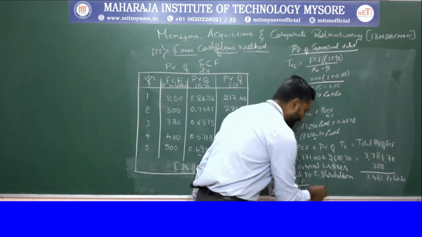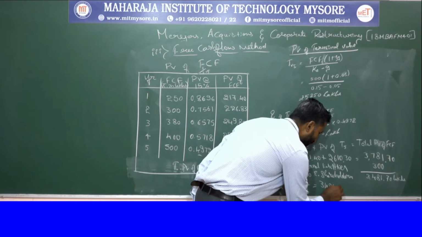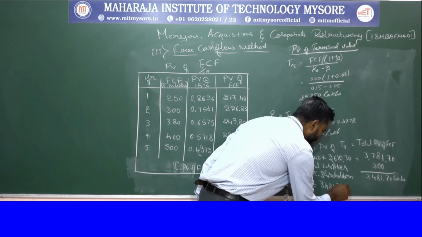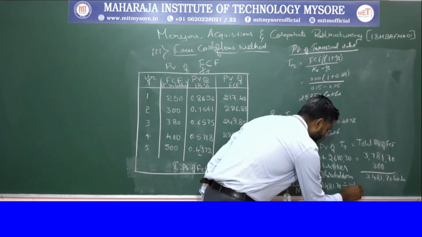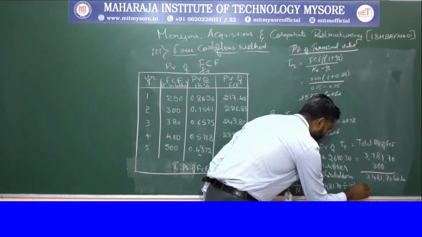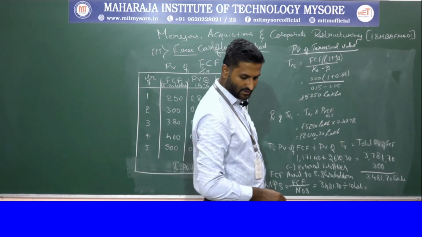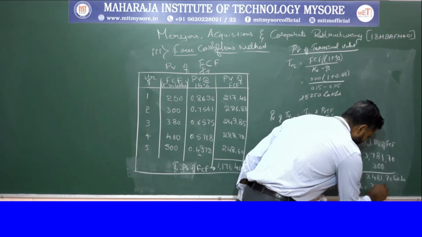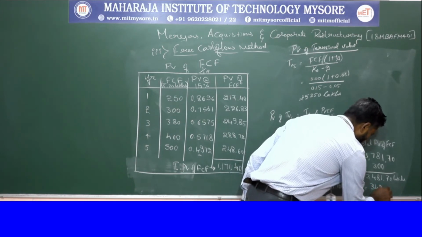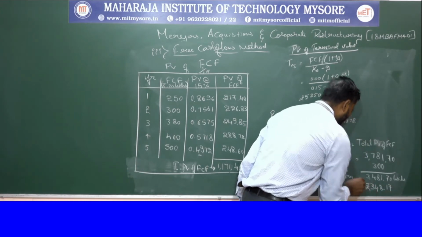So the total FCF here is 3481.70, and it should be divided by 10 lakh shares. So we result with 343.17 rupees as the market price per share.